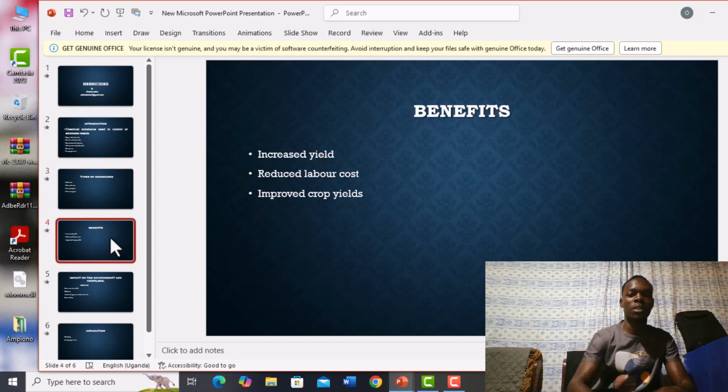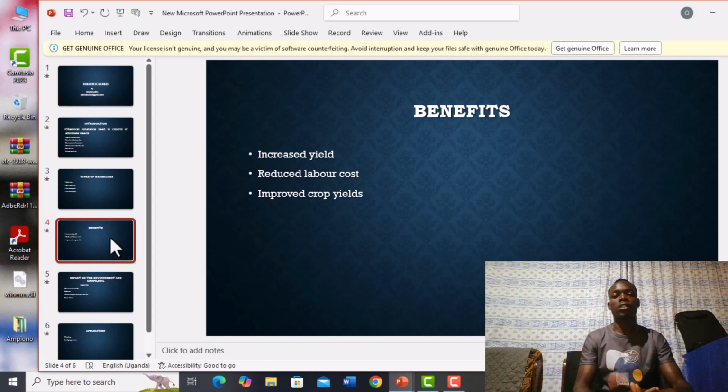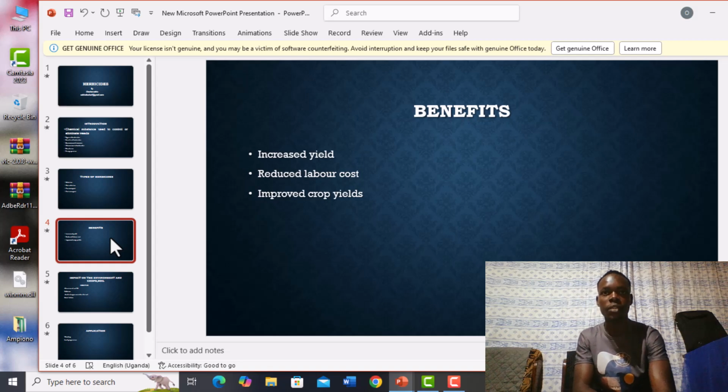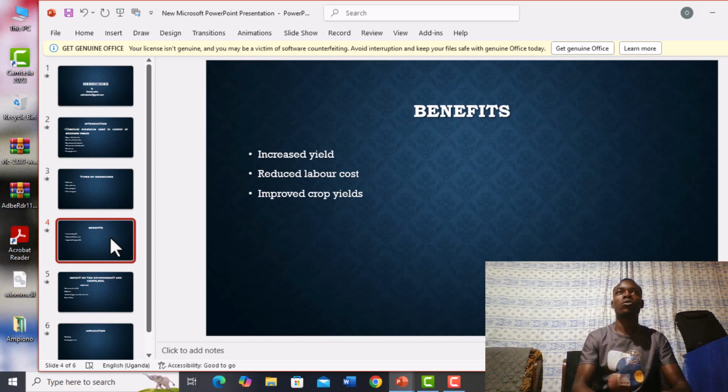Now let's go to the benefits of these herbicides. First, it increases yield. There's effective weed control, and when there's effective weed control, the plants get proper nourishment, and they tend to grow very well. In this case, the yield also will be very good.